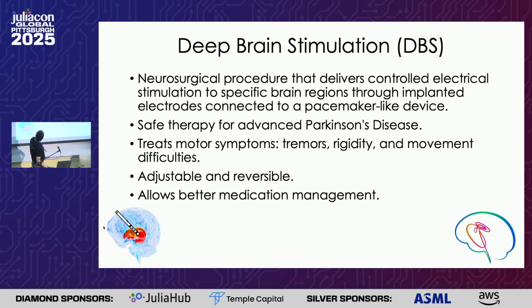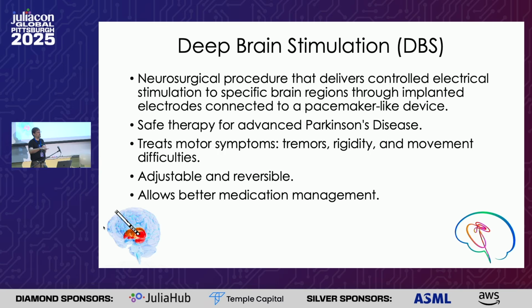And then deep brain stimulation. This is a treatment currently pretty much exclusively used for Parkinson's disease. So what you're doing is you're stimulating some parts of the subcortical region, and you're essentially reducing the symptoms of tremor. So Parkinson's patients often have trouble finishing a word, right? They get stuck.